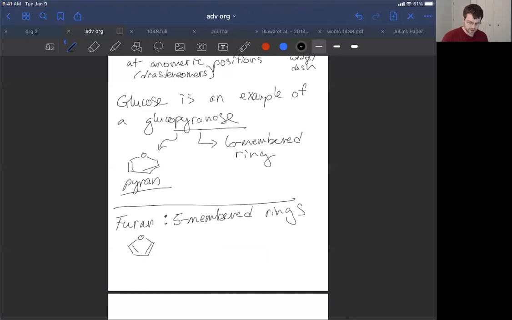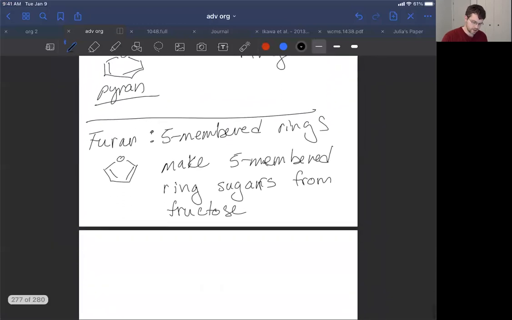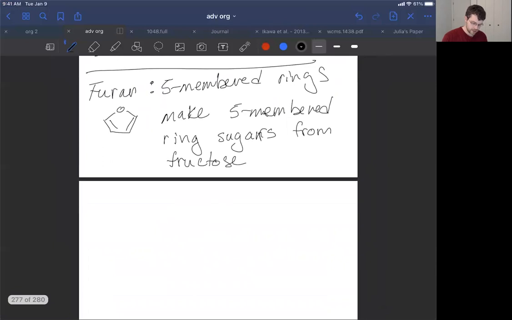Now, where do we get these? We can make five-membered ring sugars from fructose, or fructose, depending on how you would like to pronounce it. Fructose is a ketone, a keto sugar, as opposed to an aldose or an aldehyde sugar.